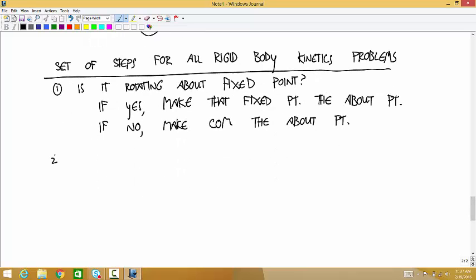Okay, the second step is calculate the moment of inertia about the about point.